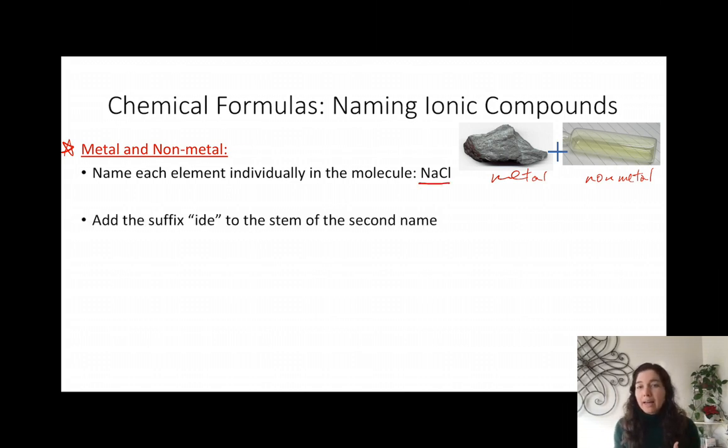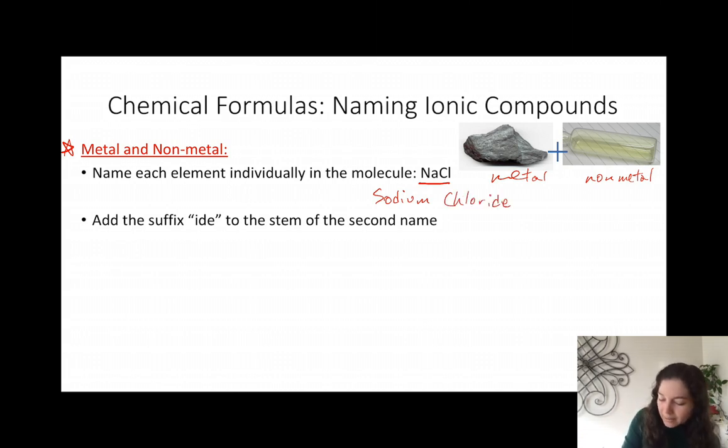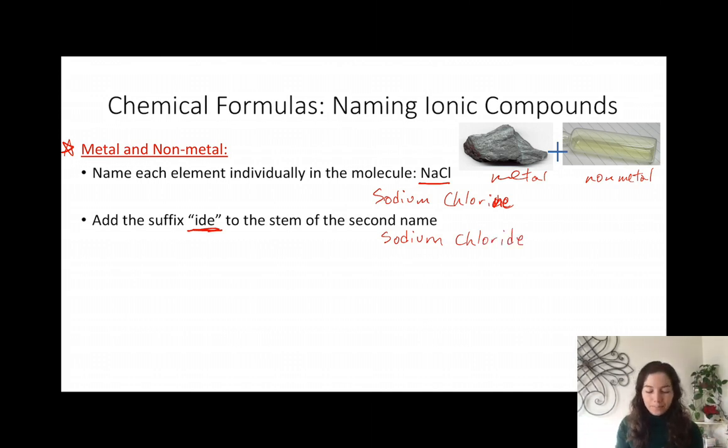When you look at the periodic table, this is sodium, so we've got sodium and chlorine. Those are our two names. Then we want to add the suffix "ide" to the stem of the second name, which is why I had written this as sodium chloride, because the chlorine turns to chloride.